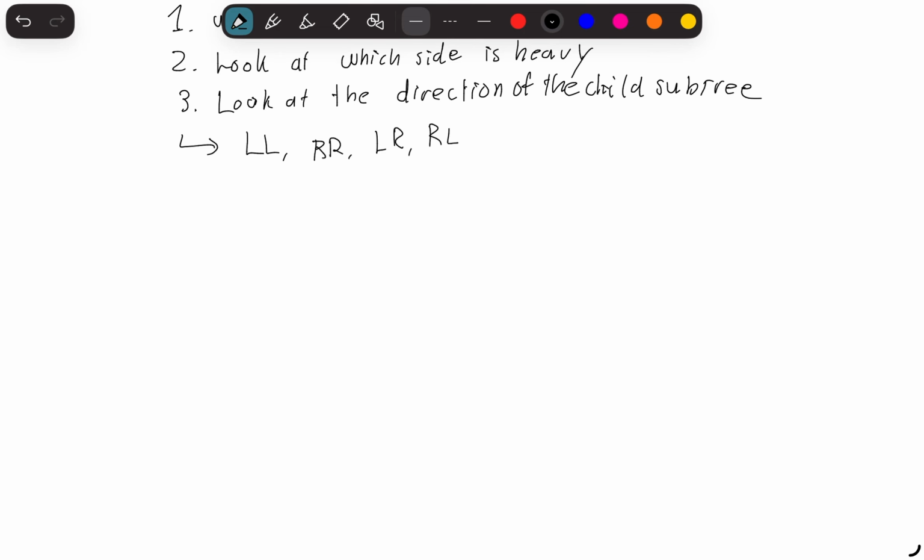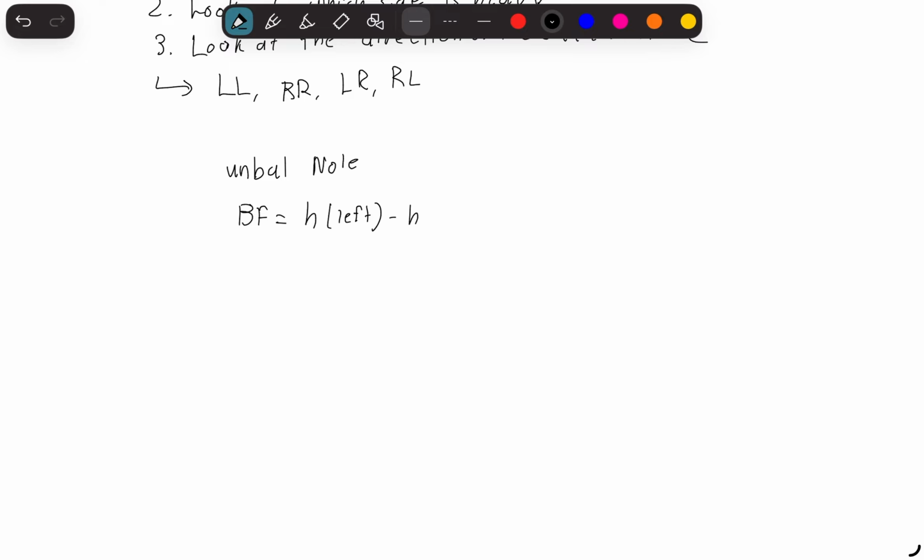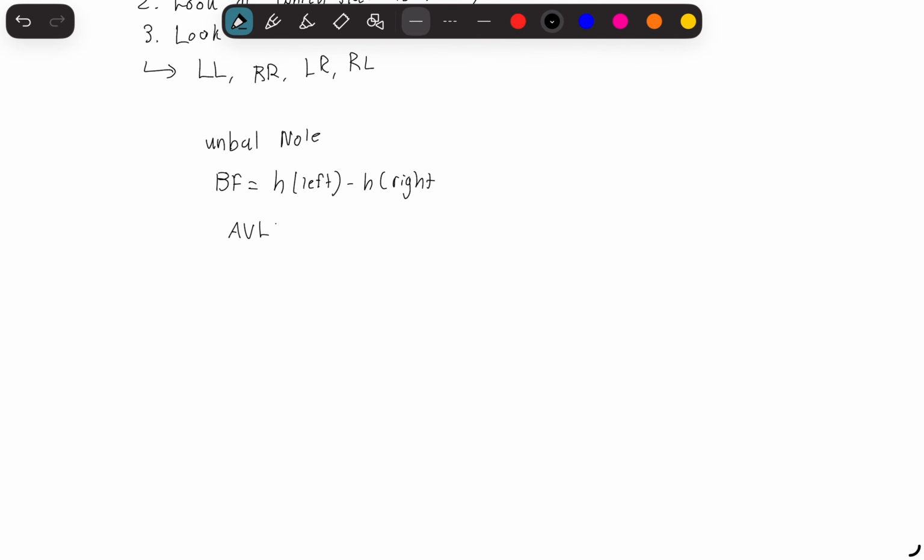So how do you find the unbalanced node? For number 1, to find your unbalanced node, that's going to be using the balance formula, which is going to equal the height of the left minus the height of the right. For AVLs, your balance factor always has to be less than or equal to 1.